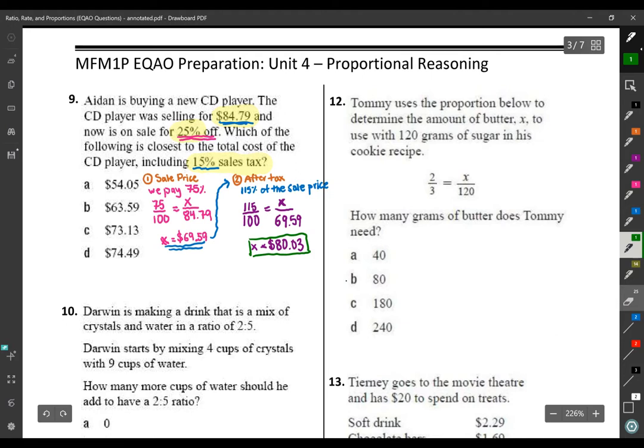So now, remember, the question says which is the closest to the total cost. So again, we may have ones that are not as close. But the closest one is going to be 74.49. Let me just make sure I did those calculations correctly.